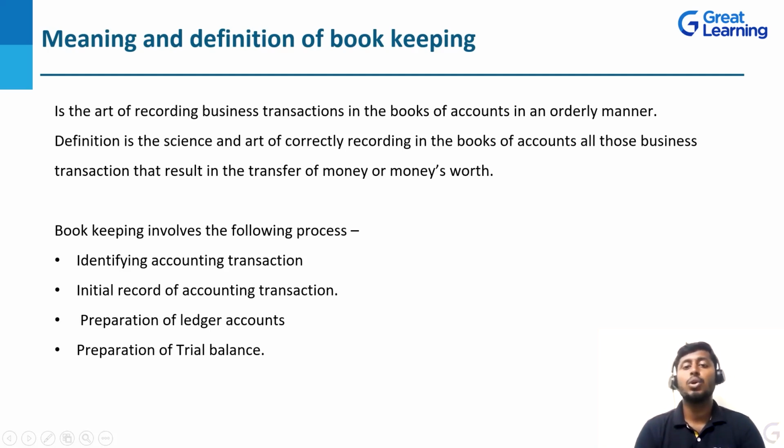From that transaction you are going to start with a journal entry. After that, from journal we post it to ledger account, from ledger to trial balance, to P&L account, and P&L account to balance sheet. So for all the books of accounts, the initial step is recording the transaction, that is bookkeeping.